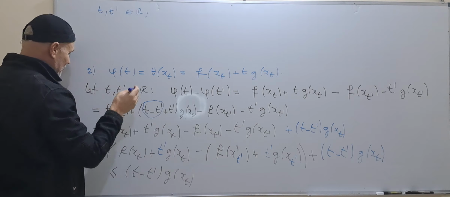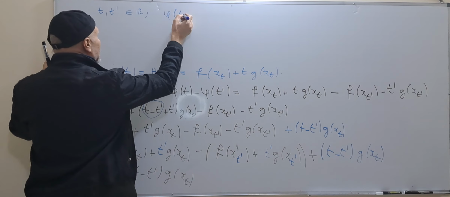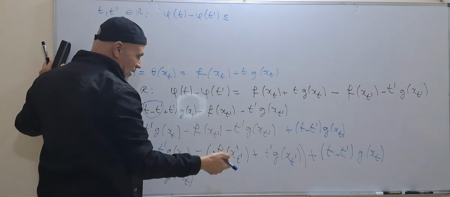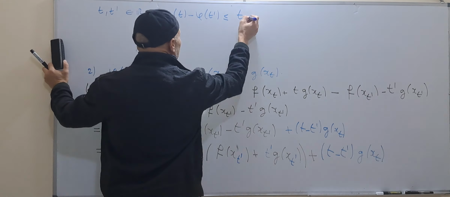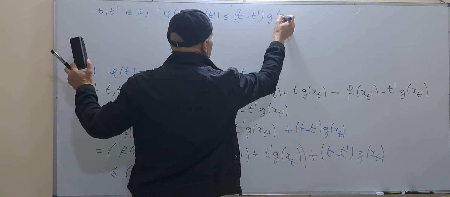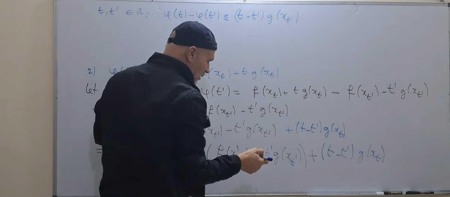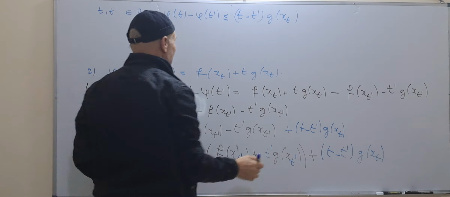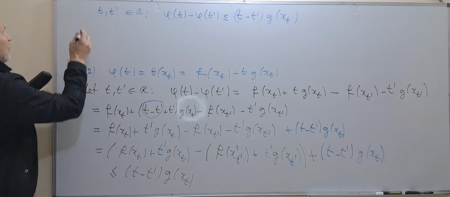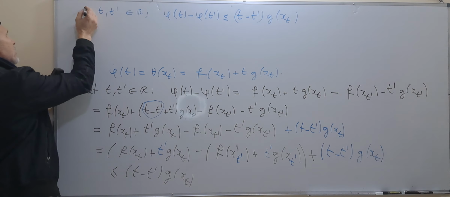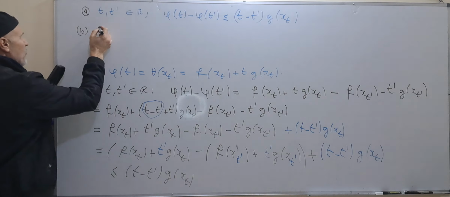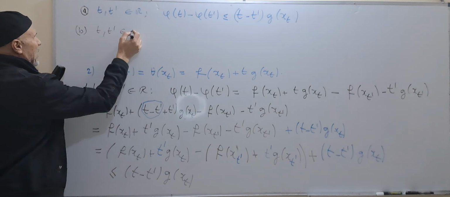We have phi of t minus phi of t prime. This is less than or equal to t minus t prime g of xt. This is first. Second, this is 1a, b, for t and t prime from R.